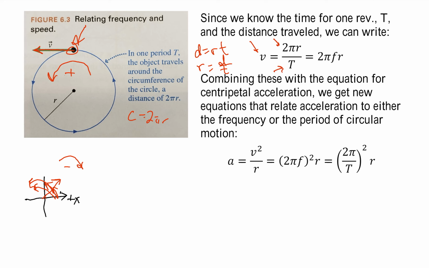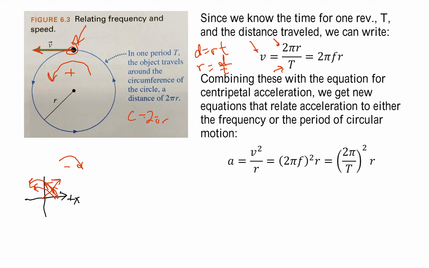Now, if I simplify this, v equals 2 pi r over the period. Well, what's the period? The period is 1 over the frequency. So if I wrote period as 1 over f, the leave it, change it, flip it idea would flip the frequency, 1 over the frequency in the denominator, into the numerator, and I'd have 2 pi f r.